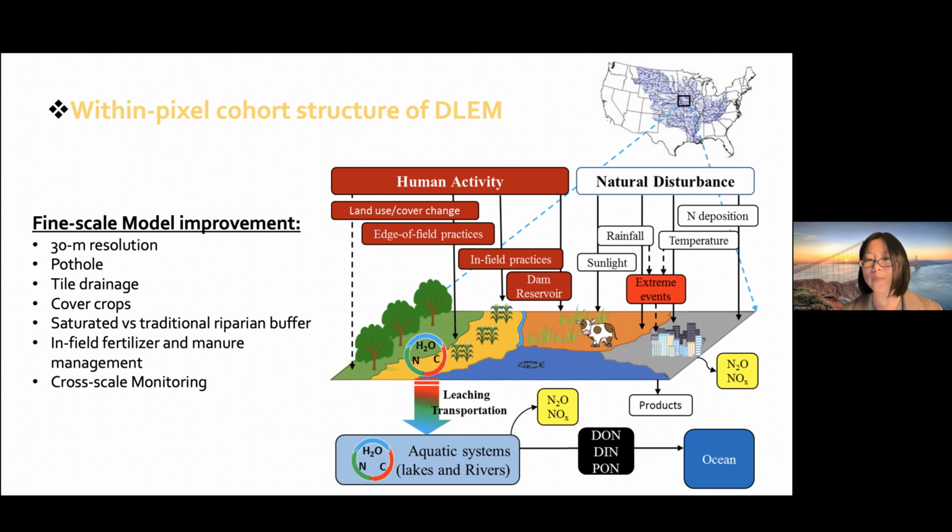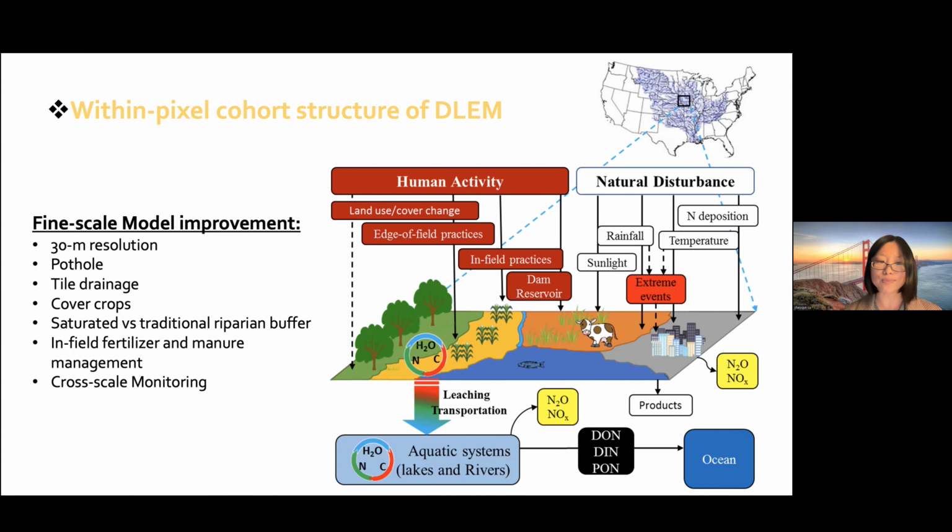Within each pixel, it is allowed to have a coexistence of various land cover types, such as forests, grassland, wetlands, croplands, and urban areas. In this model, the grid cell is not isolated. It is allowed to connect with the neighboring grid cells so that we can track water and nutrient flow, for example, from the agricultural lands in the Midwest all the way down to the Gulf of Mexico.